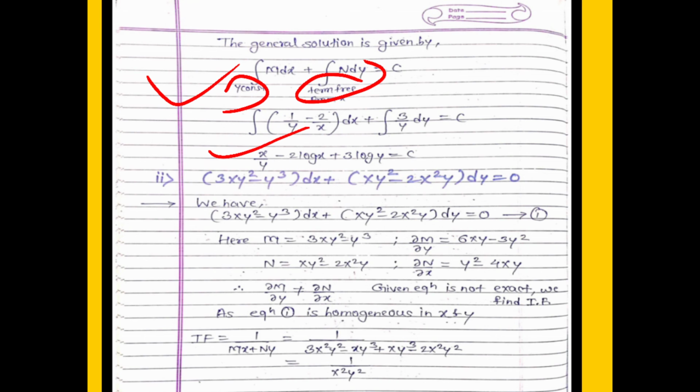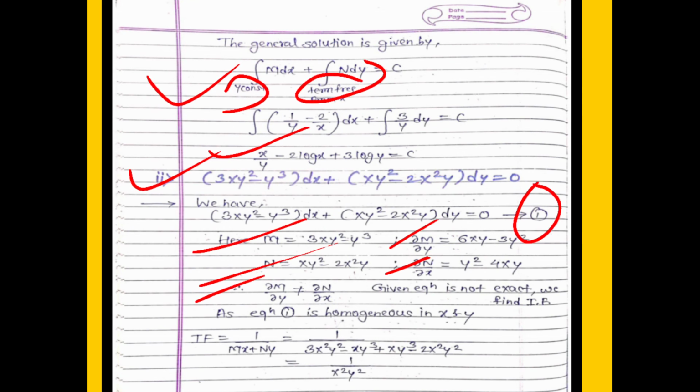Similarly, the next problem is based on a homogeneous differential equation. You have to find M and then take partial derivatives with respect to y. For N, take the partial derivative with respect to x. Then the equation will be non-exact, and to find its solution, we have to convert it into exact by finding the integrating factor and multiplying throughout equation 1.